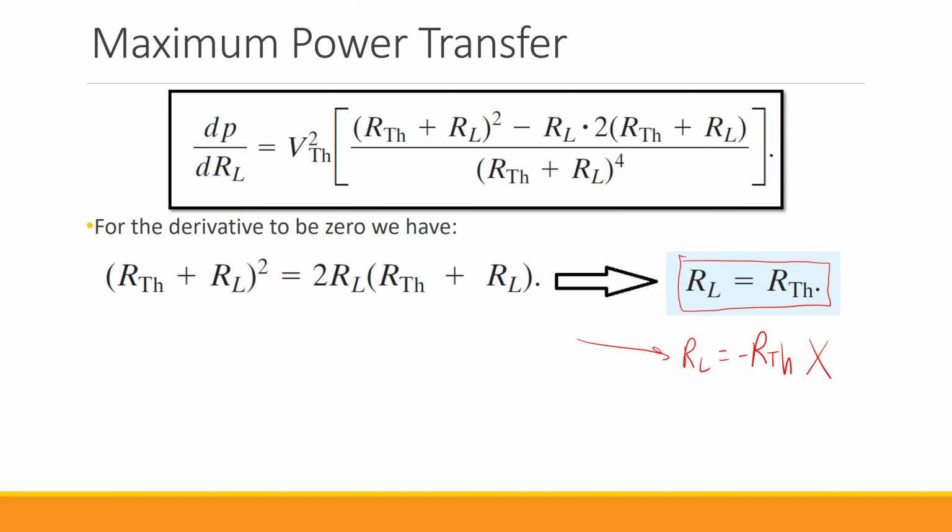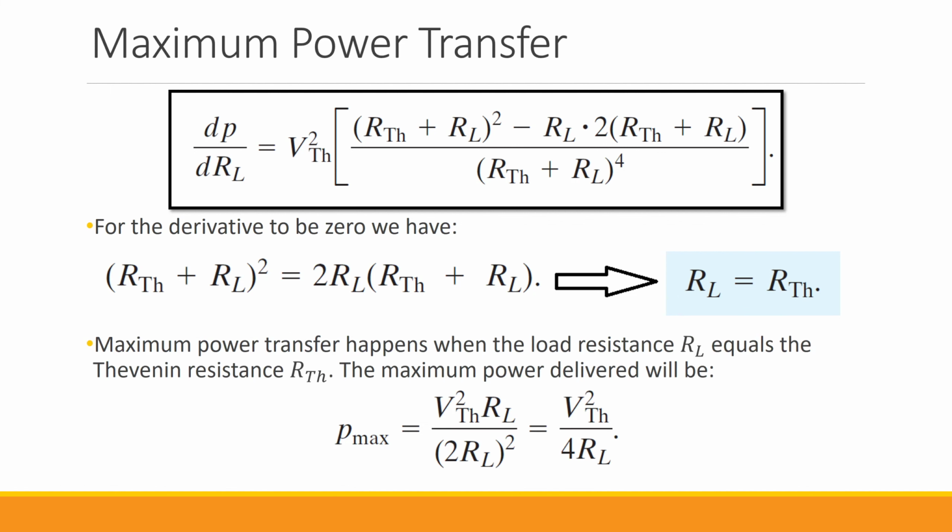So now you might ask, what is going to be the amount of power delivered in this case? The answer is very simple. We had the equation for the power to be I squared RL, or VTH over RL plus RTH, squared, multiplied by RL.